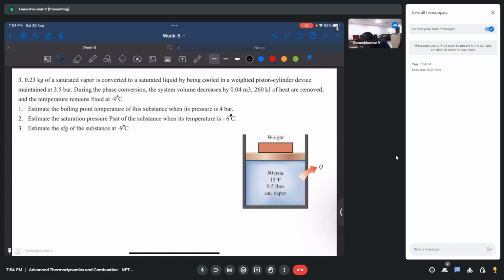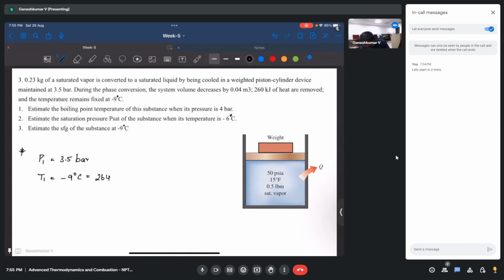What do we know? We know that the saturation pressure initially, P1, is 3.5 bar, and T1 is minus 9 degrees Celsius, which is minus 9 plus 273, so 264 Kelvin.